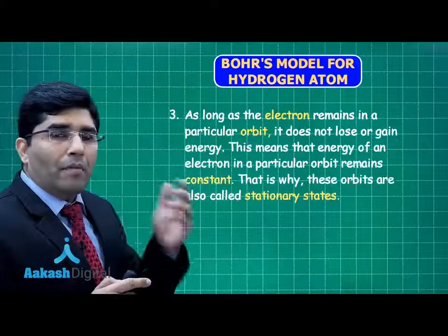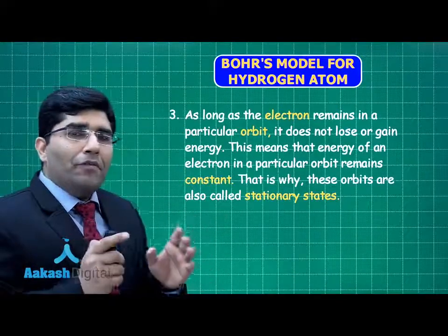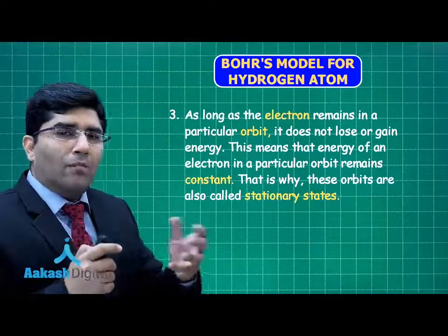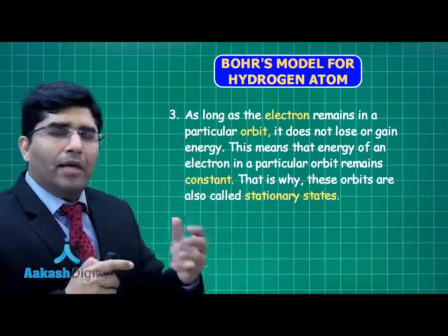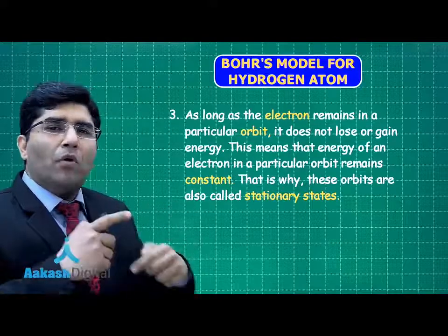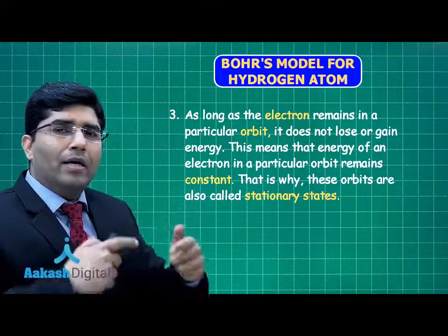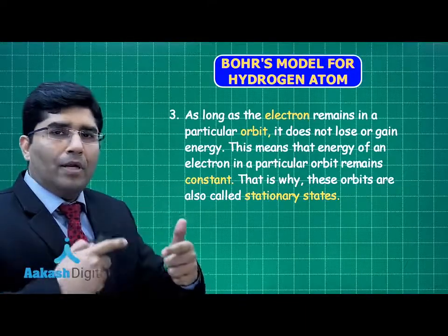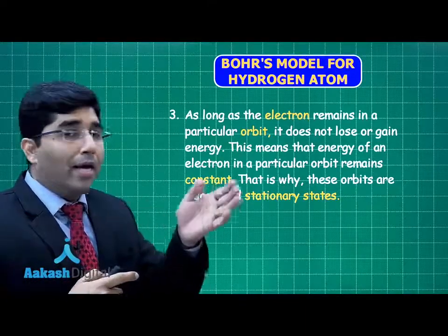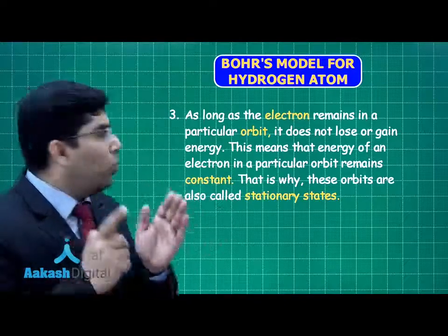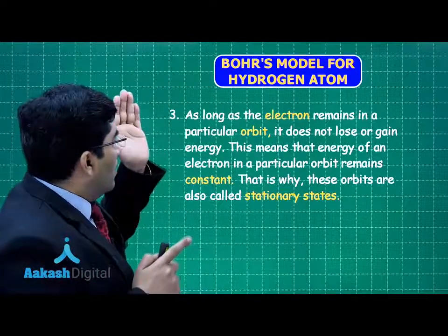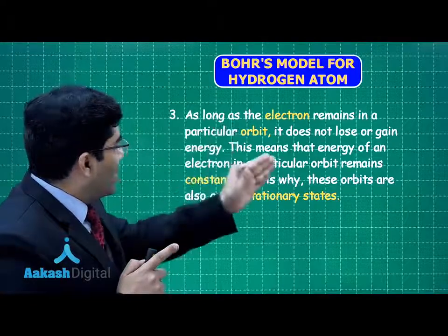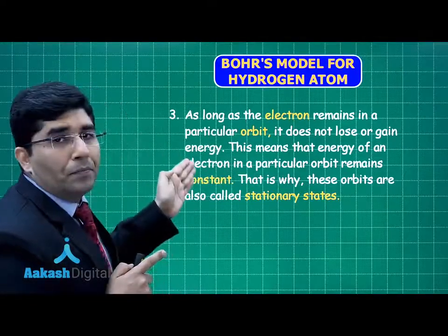Now coming to the third point, if energy is not given to any hydrogen atom or hydrogen-like species, the electron will revolve around the nucleus in the same path and keep on revolving, right? Energy will not increase, energy will not decrease. It shows that the energy of those orbits is constant.